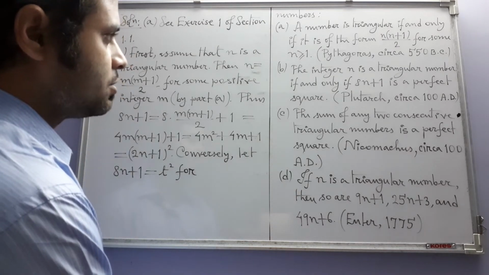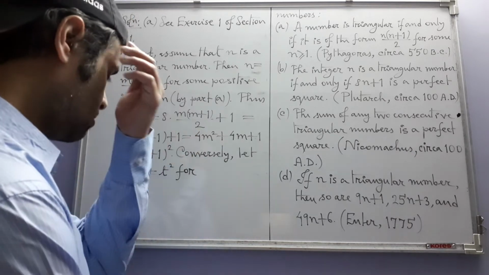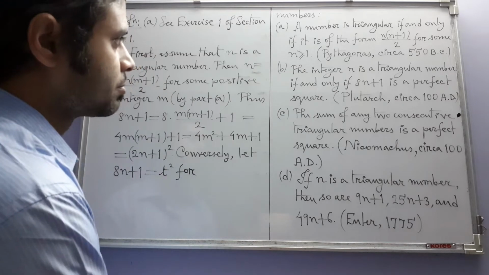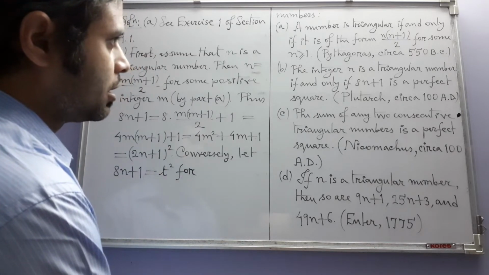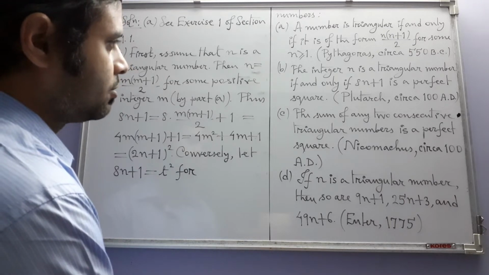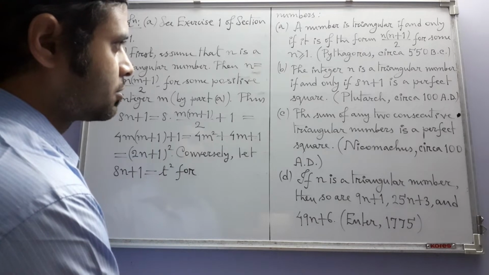Okay, there is one small issue with this part B. The integer n is a triangular number if and only if 8n plus 1 is a perfect square.